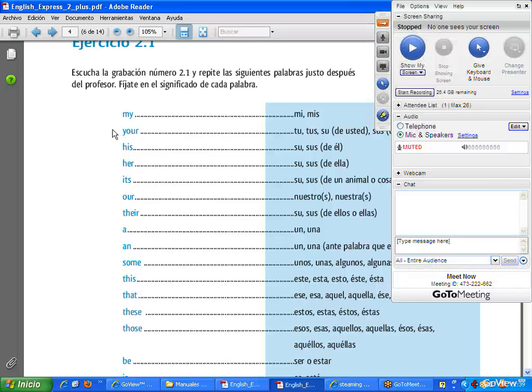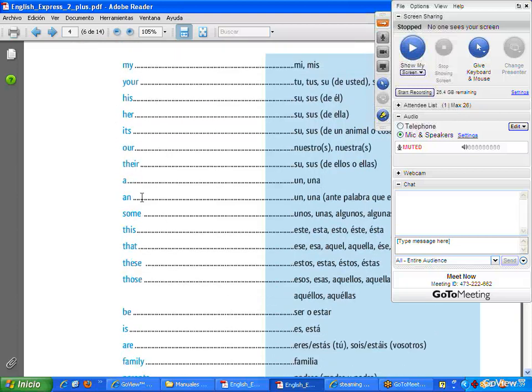The possessive adjectives. We're going to look at them in a minute. Then we have a and an and some. And these are articles. These are the indefinite articles.